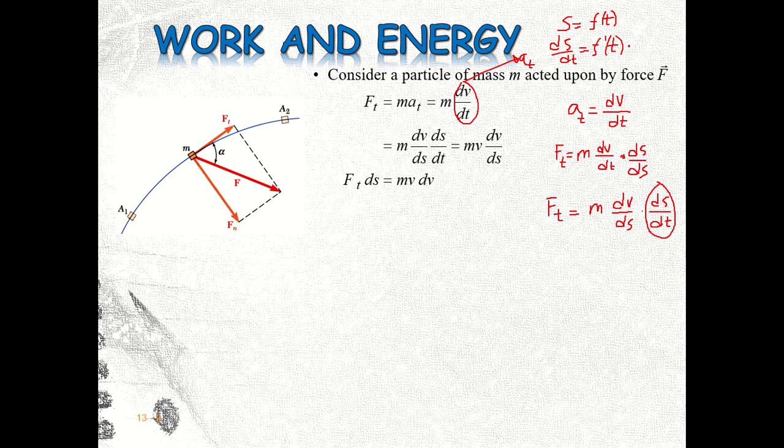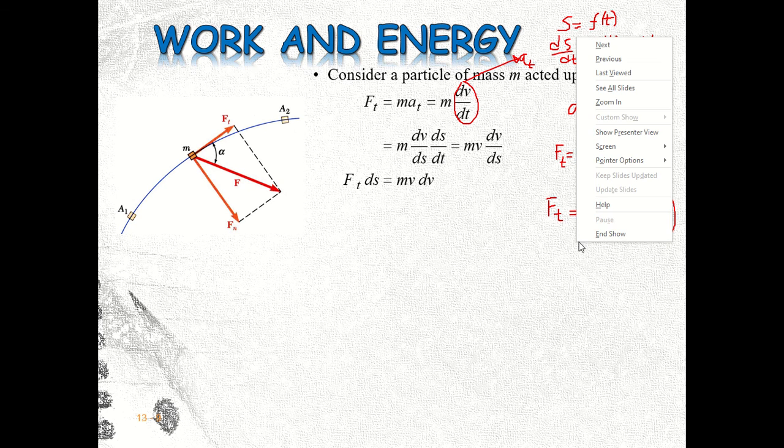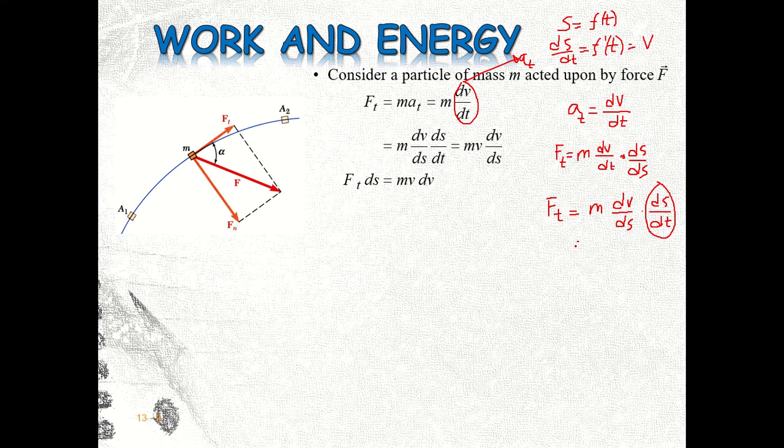You still remember that derivative of s with respect to t is just the velocity. So that is just v. So we can rewrite this as m multiplied by v, because this is equal to v, then multiplied by dv over ds. So that's what is shown here.